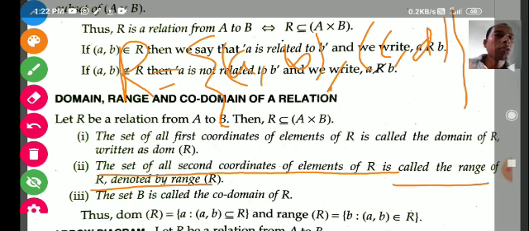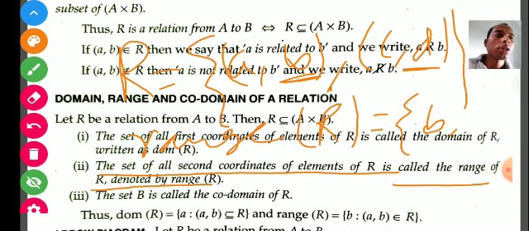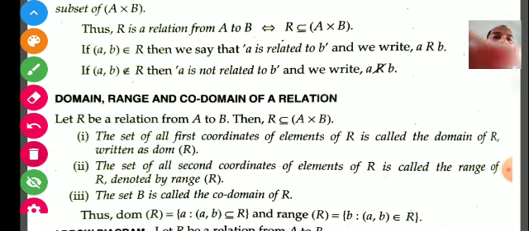So if this is the relation, here B and D, that means range of R will be the set {B, D}. The set B is called the codomain of R.